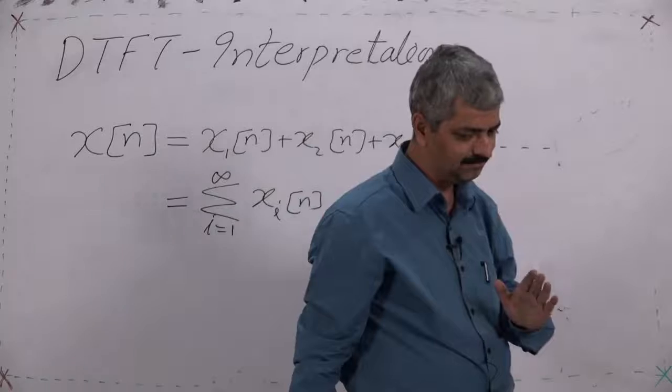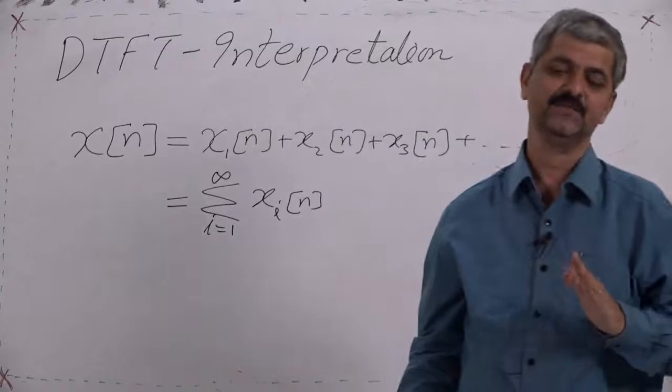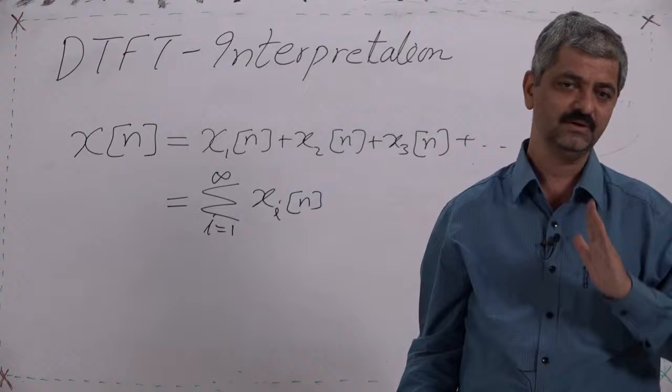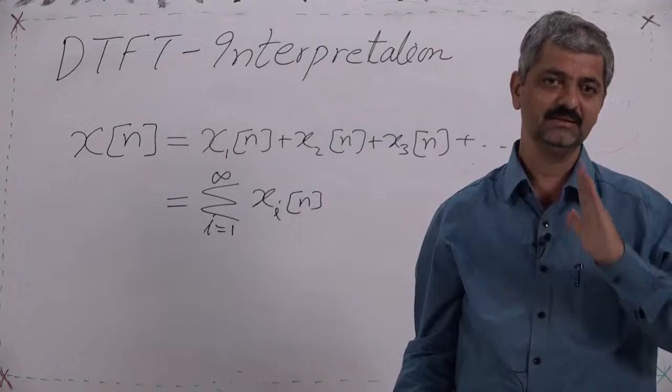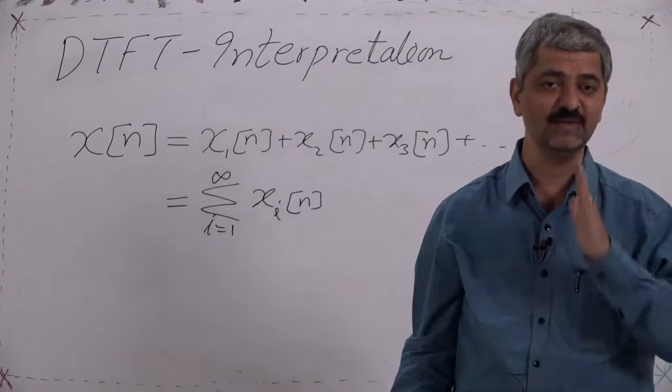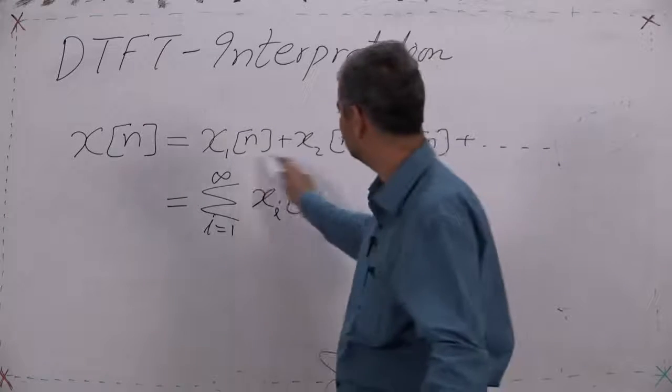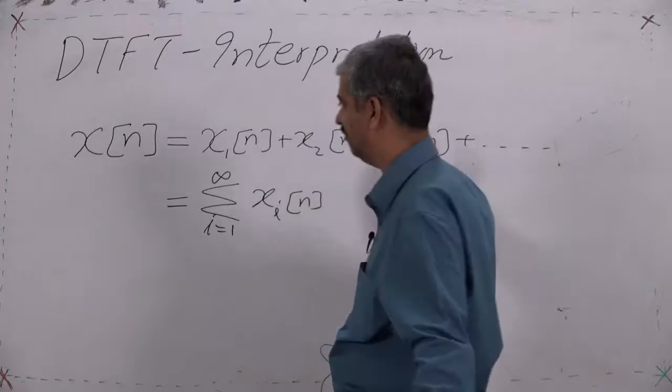So I am assuming that the given sequence is comprised of multiple components. How many? Infinite: x1n plus x2n plus x3n plus, and so on.